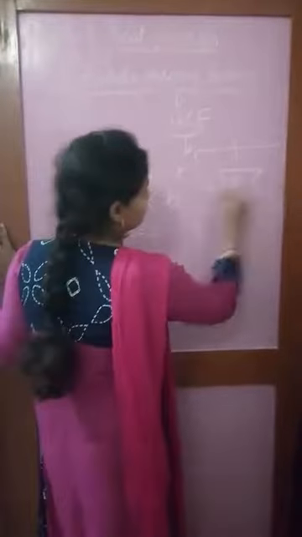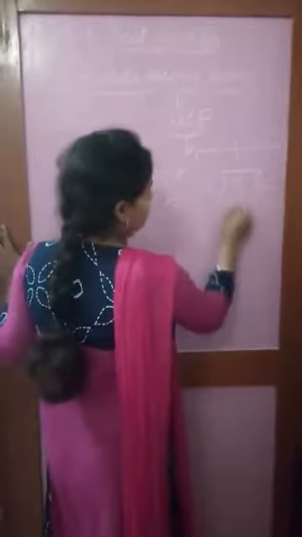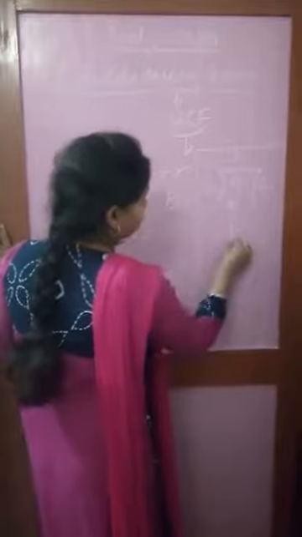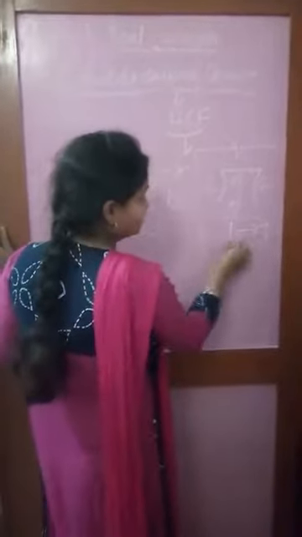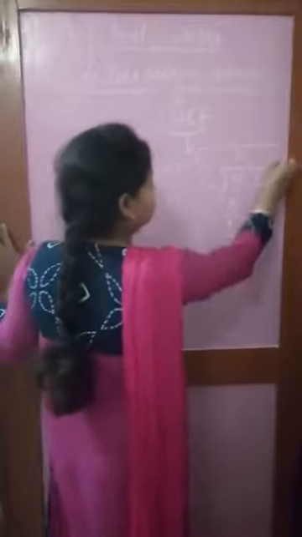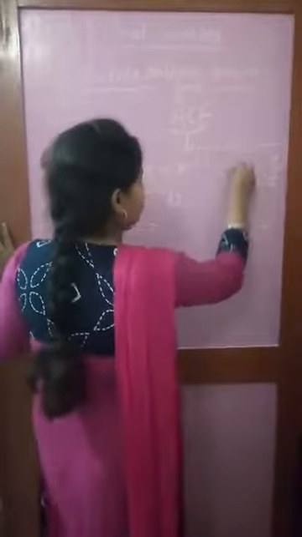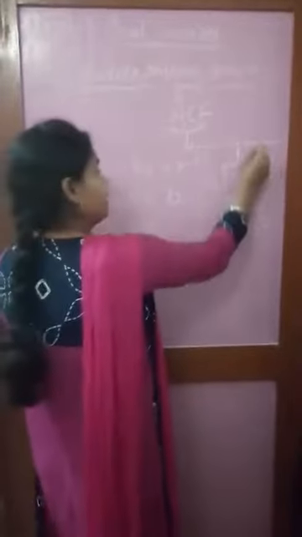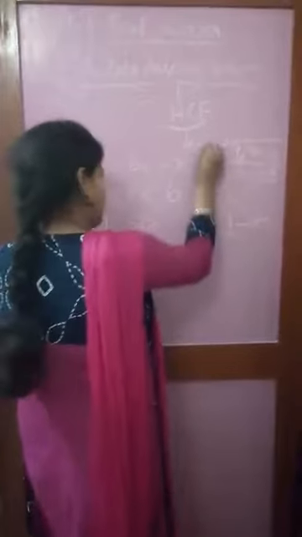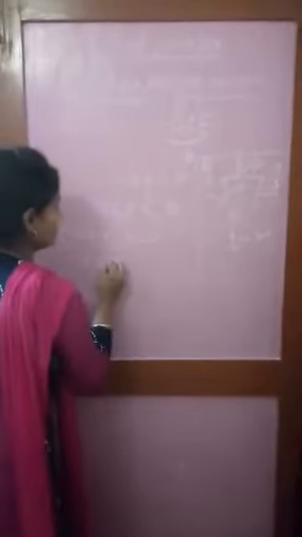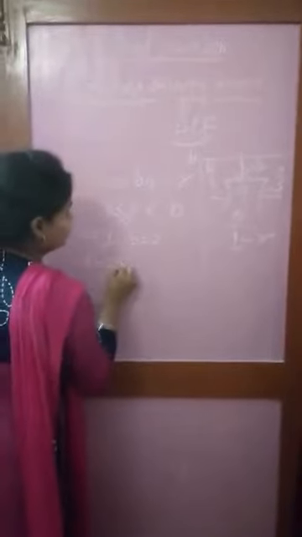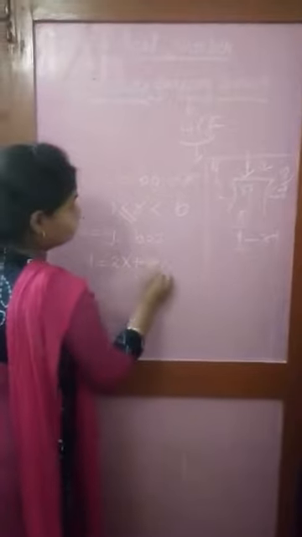Let's take a division. 2 fours are 8. The remainder is 1. This is the remainder, this is the quotient, that is a and that is b. So from this division, 9 is equal to 2 multiplied by 4 plus 1.